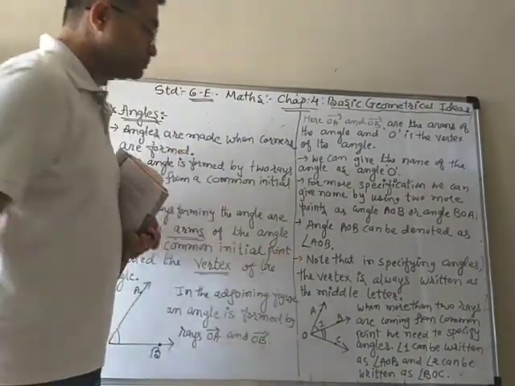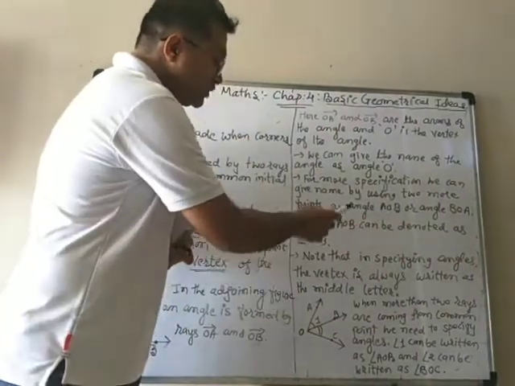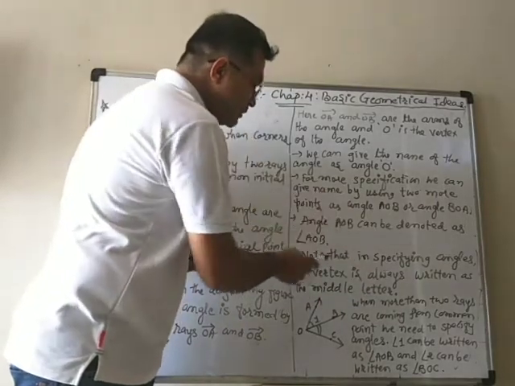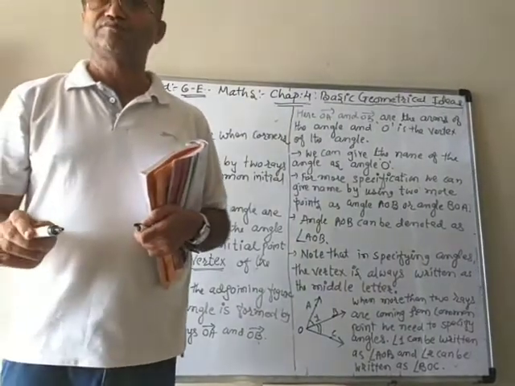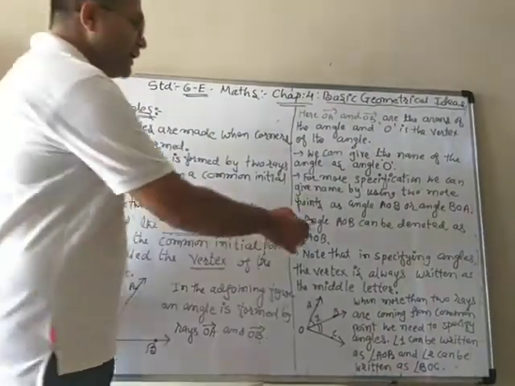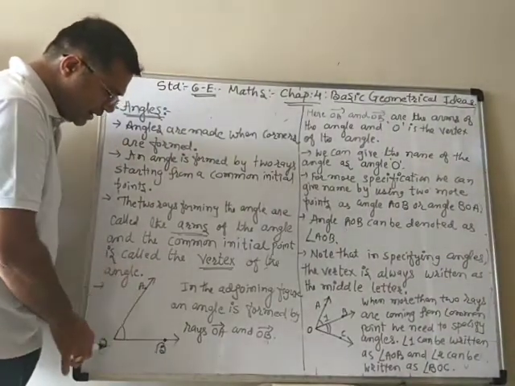Here I wrote down that note: in specifying angles, the vertex is always written as the middle letter. So the middle letter must be the vertex. Now the angle AOB is known as angle AOB or angle BOA.